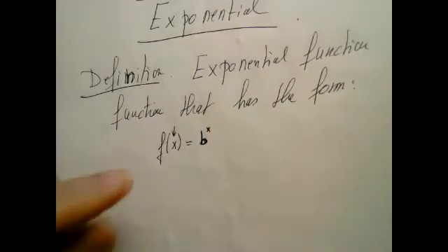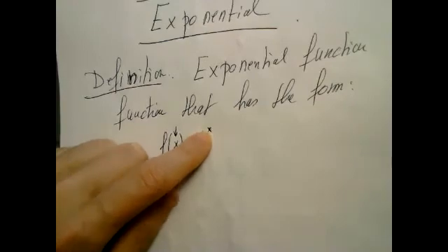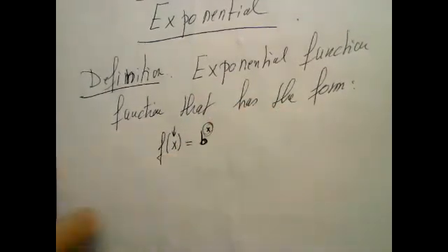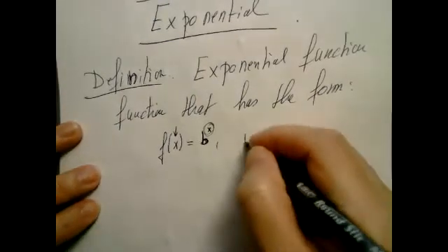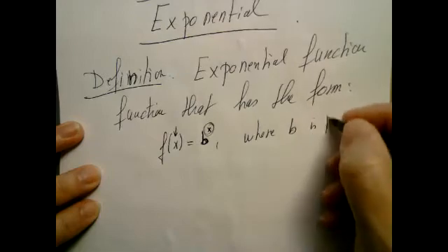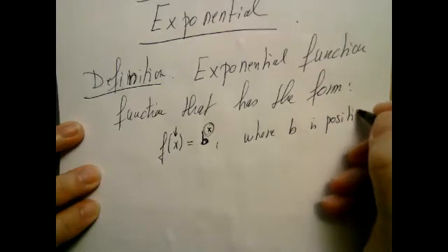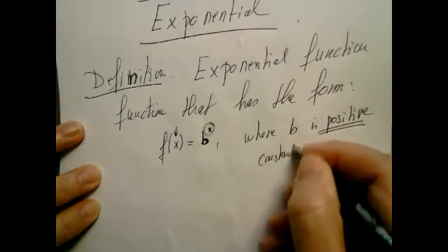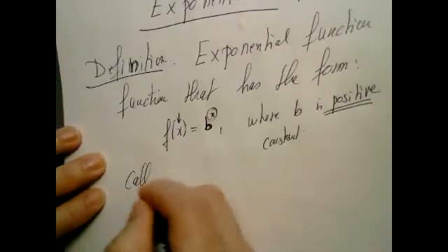They are called exponential basically because the input is nothing more than the exponent right there, where b is a positive constant. Usually it's called the base of the exponential.